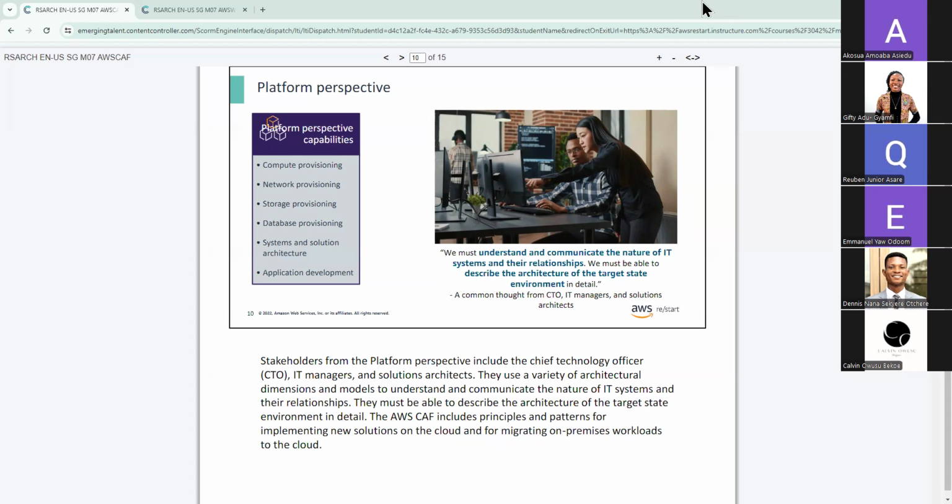EC2. Thank you. For your network provisioning, you have all these cables and wiring, everything done inside of your traditional environments. When you move to the cloud, which service would help you with your networking? VPC. Thank you.